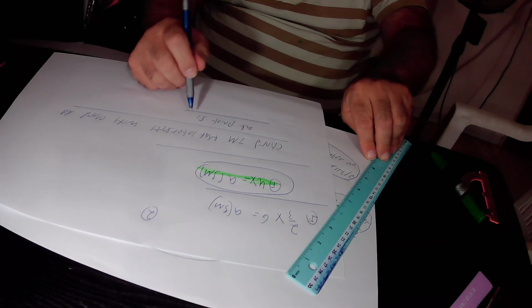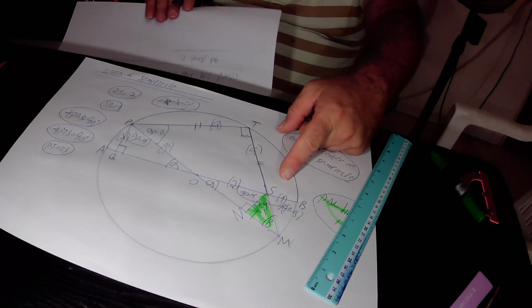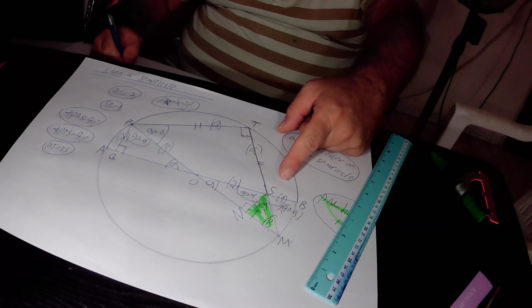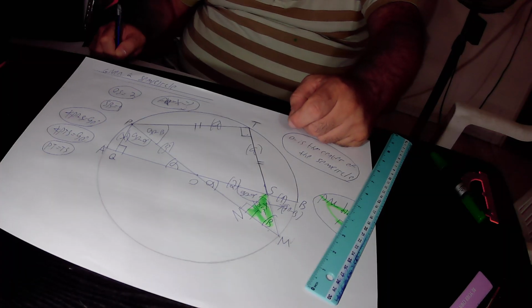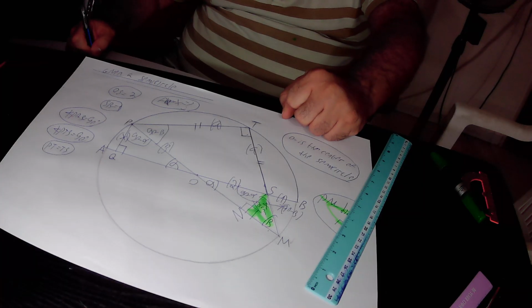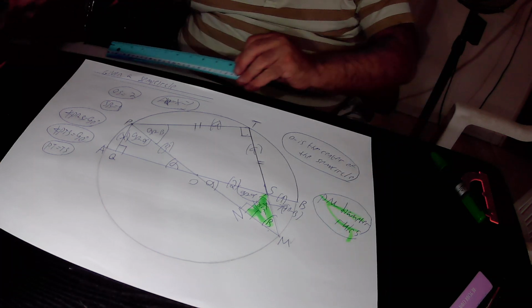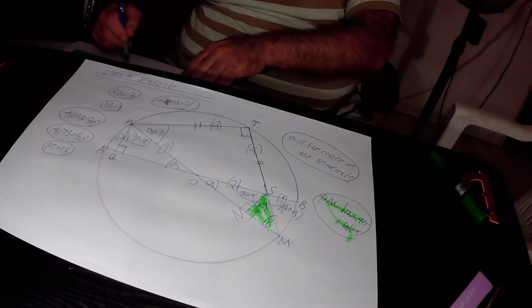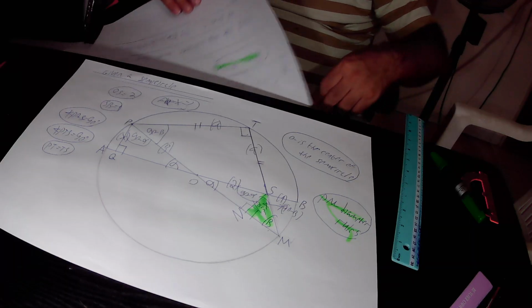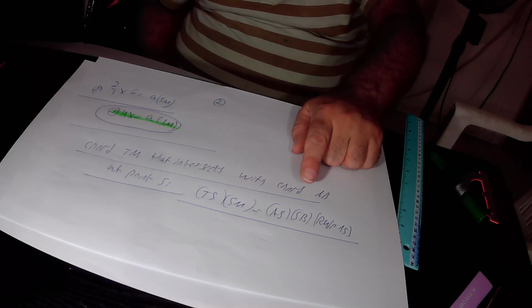According to rule 15, the following equation will be true: TS times SM equals AS times SB.